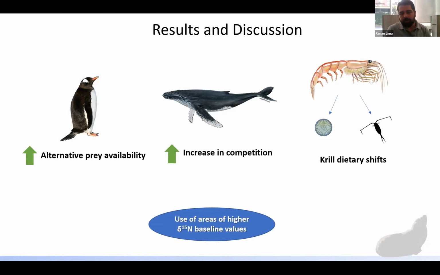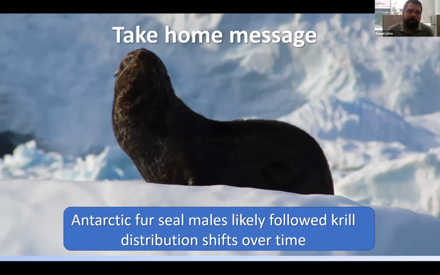And also, we had to consider that Antarctic fur seals may be using different areas with localized higher primary production and higher nitrogen baseline values. So the take-home message here is that individuals likely follow their main prey distribution over time, targeting areas of higher krill concentration, with increased consumption of higher trophic level prey or a switch to different feeding areas after the late 1990s.